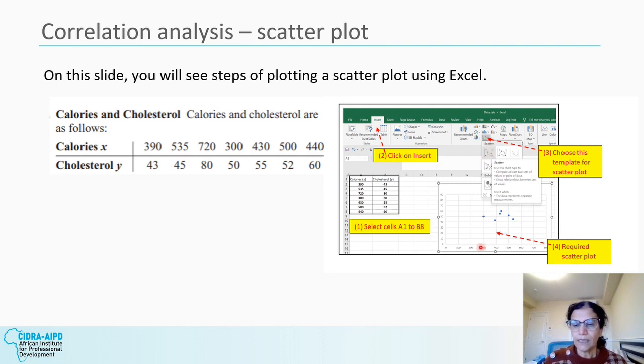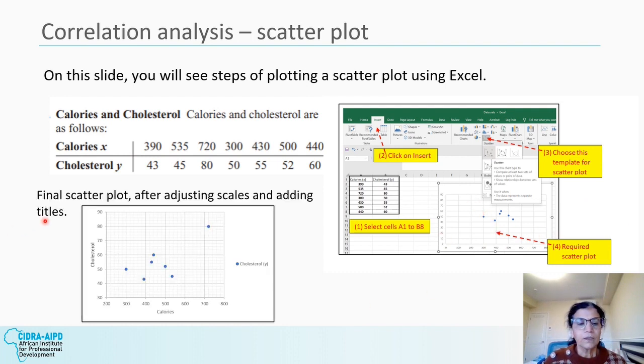The scatter plot is drawn here. Here I have shown a scatter plot after adjusting the scales and adding titles. Looking at the values, I don't need values less than 200 for X, so I can start from 200 on the X-axis. I don't need values less than 30 for cholesterol, so on the Y-axis I can start from 30. This is just for better representation.